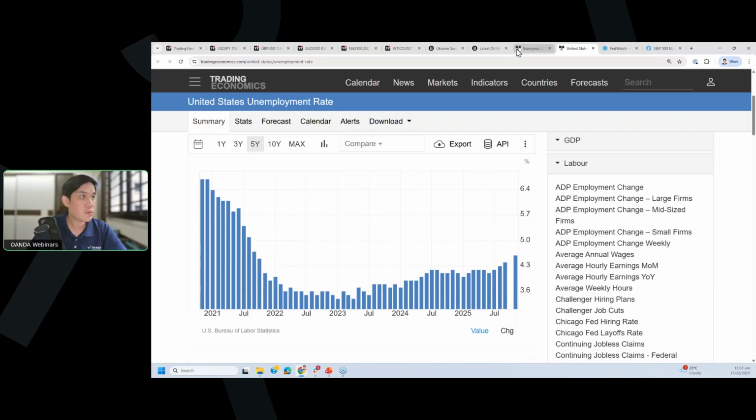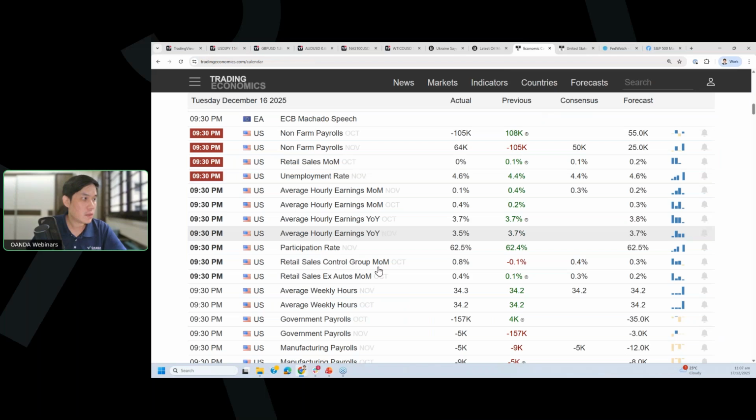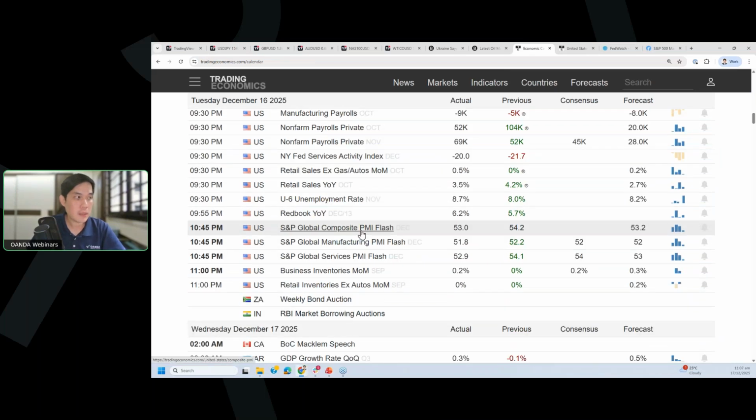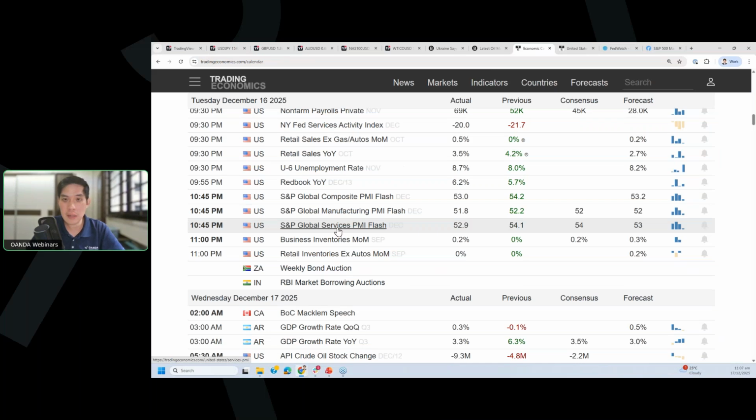On top of that, look at the preliminary flash PMI data. PMI data is considered a leading economic indicator, and the services PMI is much more significant to the US market, given that three-quarters of US economic growth depends on services activity.